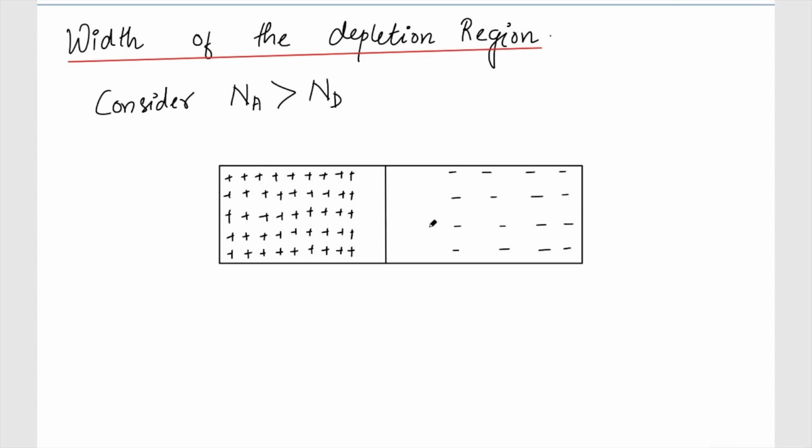I'm trying to graphically represent these two differences in the doping concentration. Of course, this is P side and this N side. So what will happen is the depletion region in the P side is going to become smaller compared to the N side.